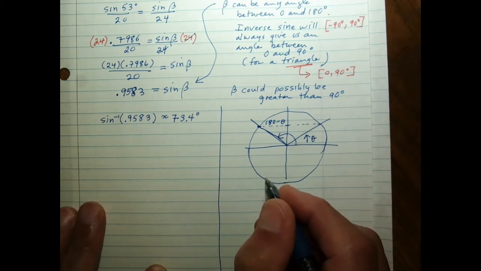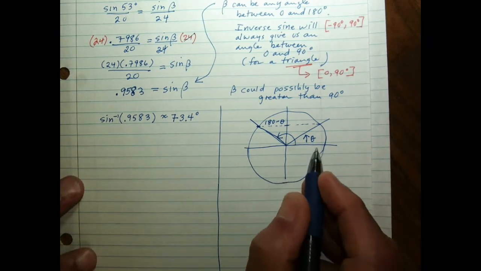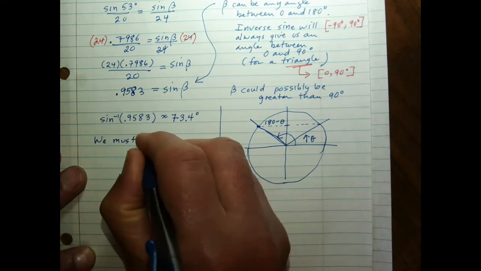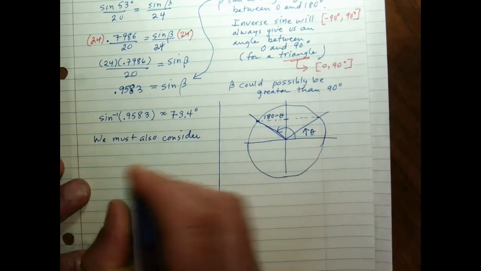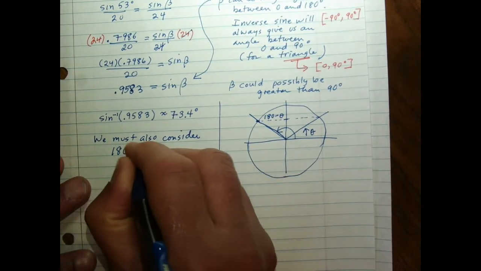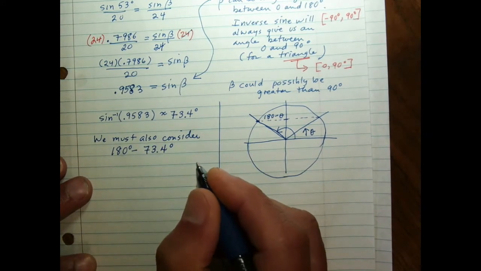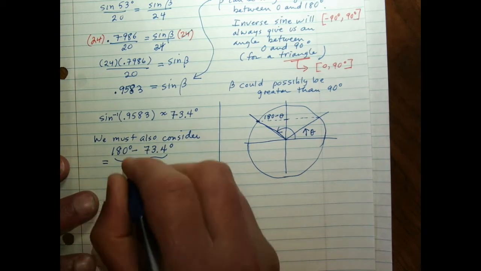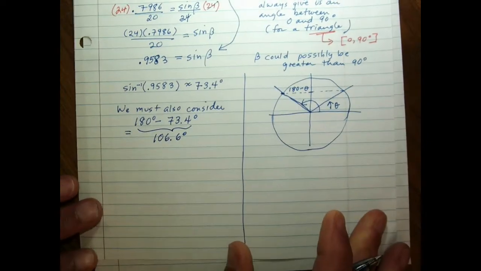And so what we must also consider here is 180 degrees minus 73.4 degrees. 180 degrees minus 73.4 is 106.6 degrees.